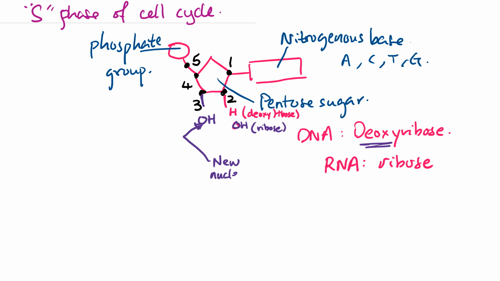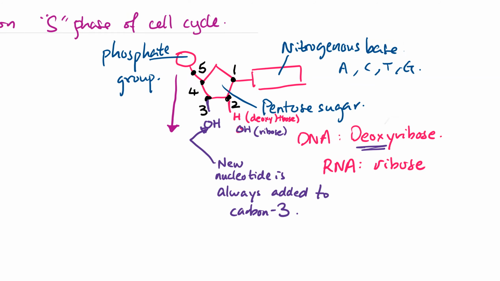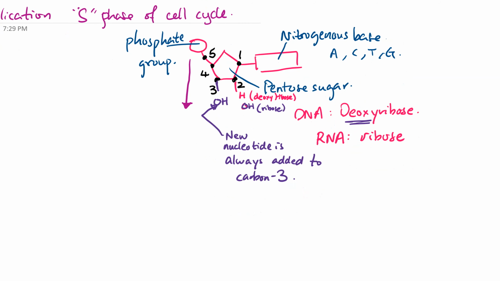A new nucleotide is always added to carbon 3. Hence, you have the saying that it always reads from 5 to 3. Right? Because the DNA polymerase or RNA polymerase will always move in the 5 prime to 3 prime direction.